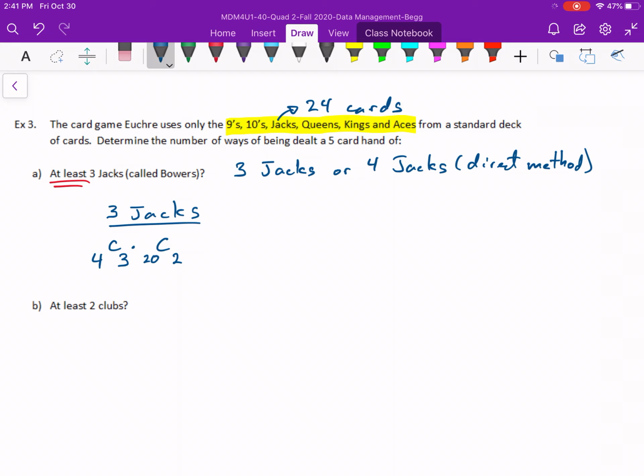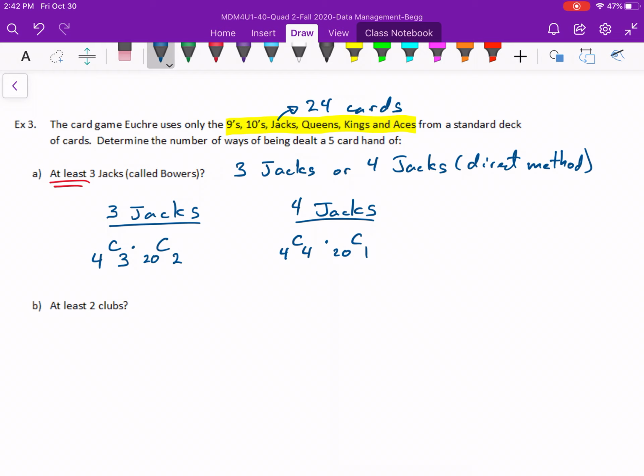We also could have 4 jacks. That's another thing that would get us what we want. In that case, we want all 4 of the jacks, 4 out of 4, and we just want 1 of the 20 other cards. Now, if we go back to some terminology we used in the first unit, getting 3 jacks and getting 4 jacks are mutually exclusive events.